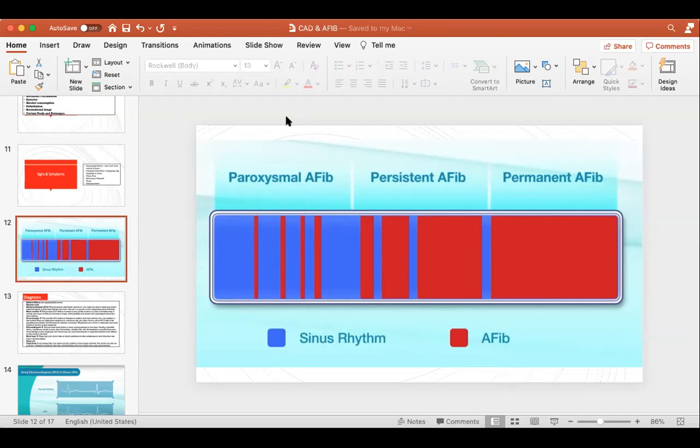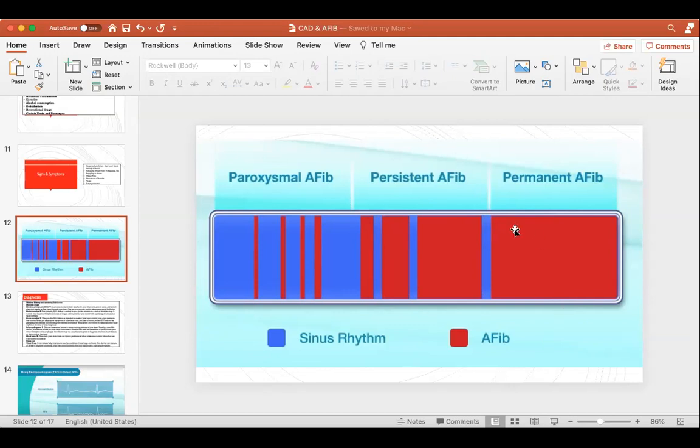Paroxysmal AFib is periods of AFib that come and go, and they can be momentary or last for days or weeks, and generally they can go away on their own. If that isn't detected and treated, then it can lead to persistent AFib. This is when it cannot go away on its own, and you may need medications or procedures done by a doctor to bring the heart back to normal rhythm.